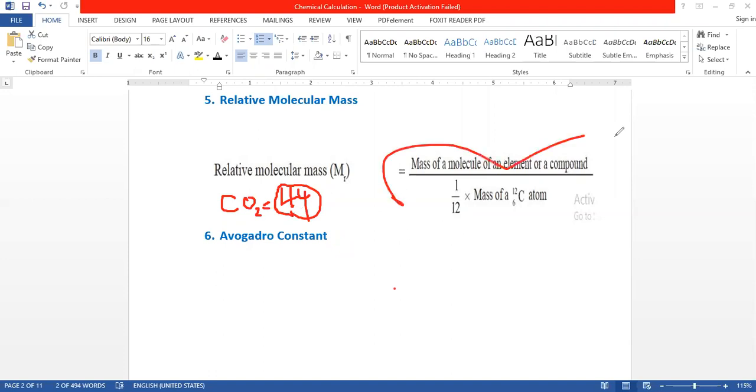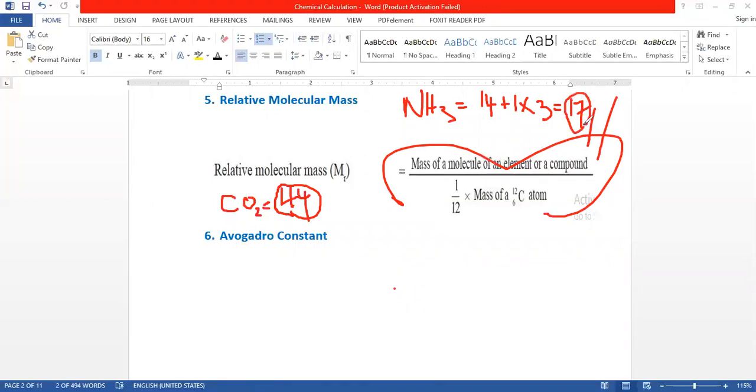If we use that, ammonia, NH3: the relative atomic mass of nitrogen is 14 and hydrogen is 1, and 1 into 3, so altogether the relative molecular mass of ammonia is 17. If you use this equation, you will get 17. But don't think too much about this equation.